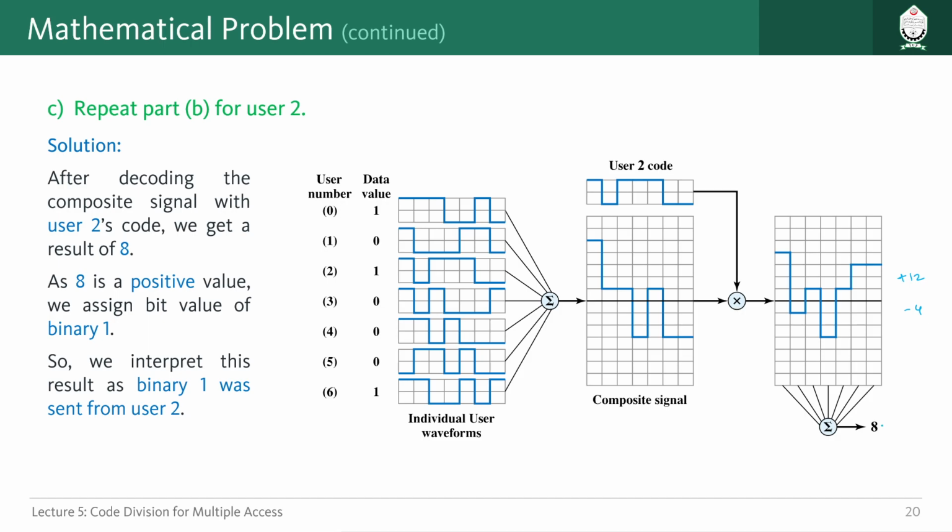So 12 minus 4 is equal to 8, which is our correlation result for user 2. And as this is a positive value, we interpret this result as user 2 transmitted binary 1, which is true. Binary 1 was transmitted from user 2. In this way we have to calculate for this mathematical problem.